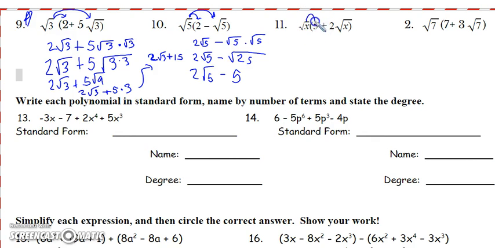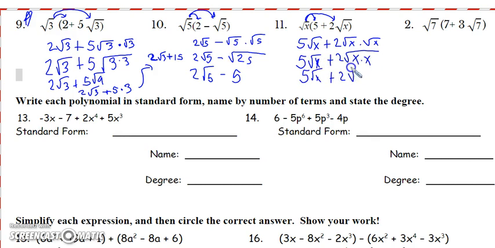Keep going on this one. Root x times 2. Root x times 5, that's going to be 5 square root of x. Root x times positive 2 root x, so 2, since there's nothing in front here, square root of x times square root of x. This is an important step here. x times x, what is that going to give us? x squared.